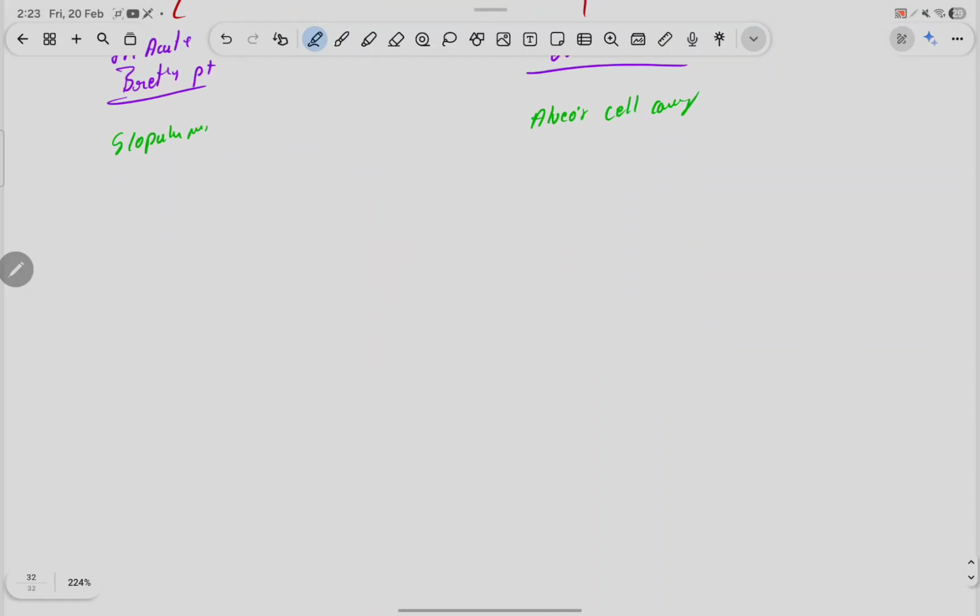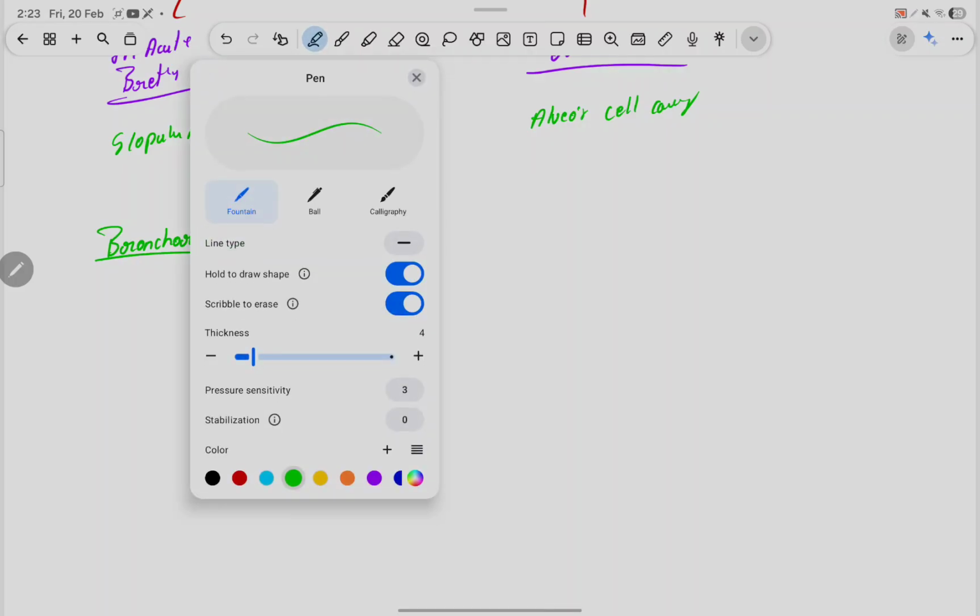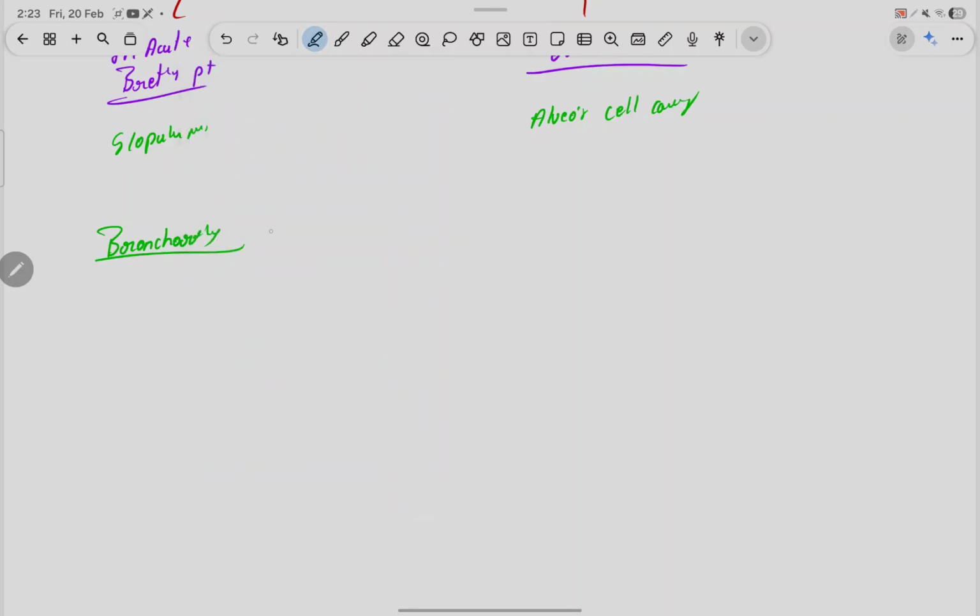Then bronchorrhea. What do we mean by bronchorrhea here? Bronchorrhea means greater than 100 ml of sputum produced per day.